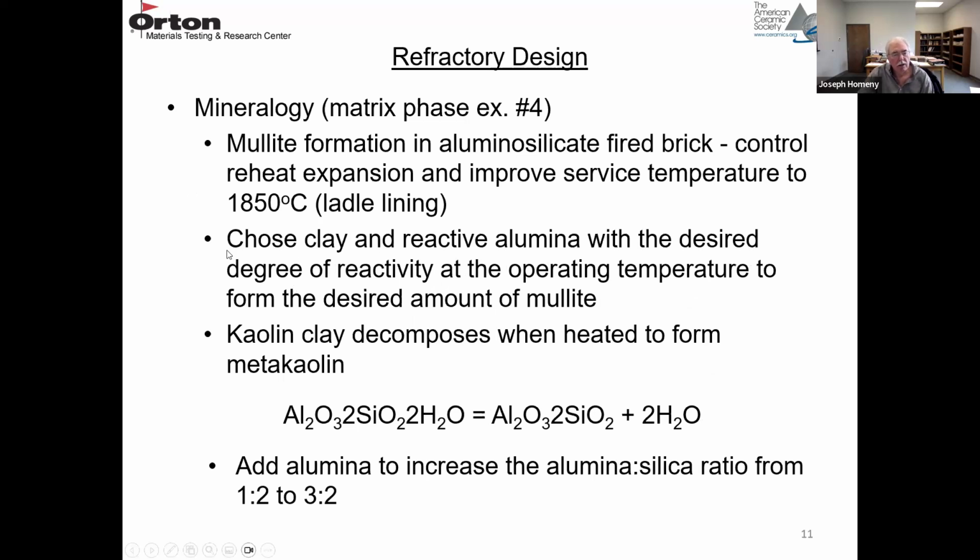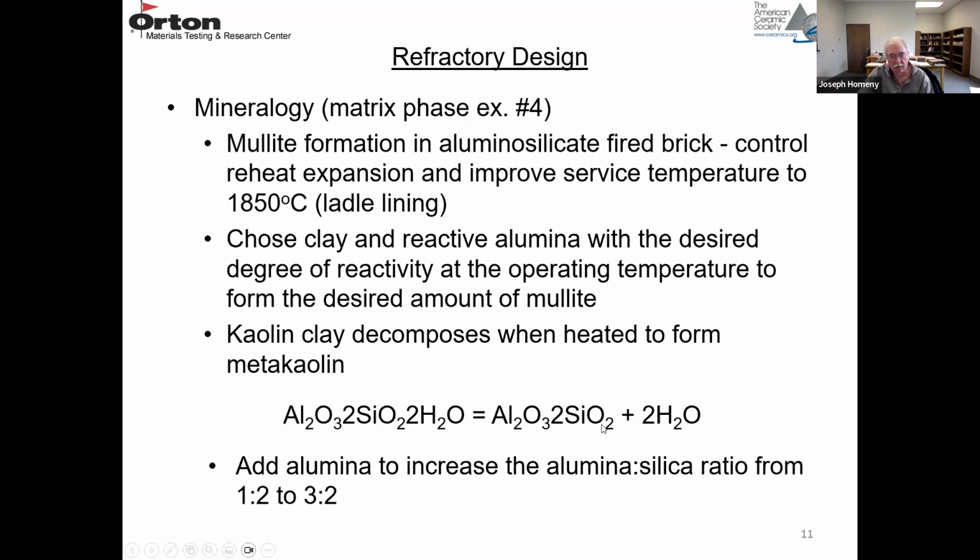You can use clay and a reactive alumina, and that gives you the desired reactivity at the operating temperature to form how much mullite you desire. So a clay might be a kaolinite clay. It decomposes to form this metakaolin. So kaolinite is Al2O3, 2SiO2, 2H2O.